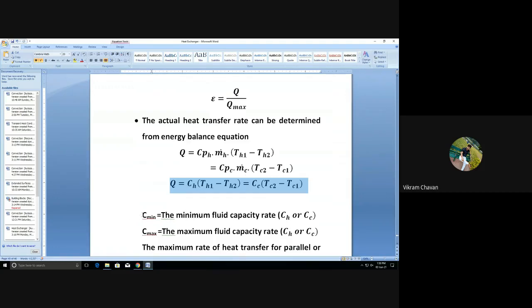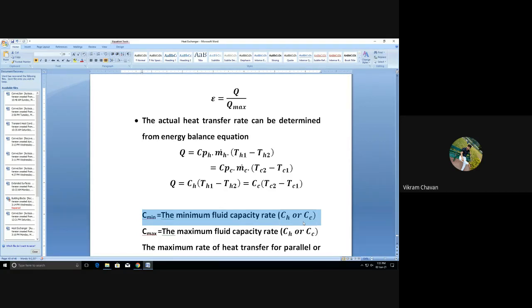Okay, so C minimum is equal to the minimum fluid capacity rate, in bracket, it can be either CH or CC.